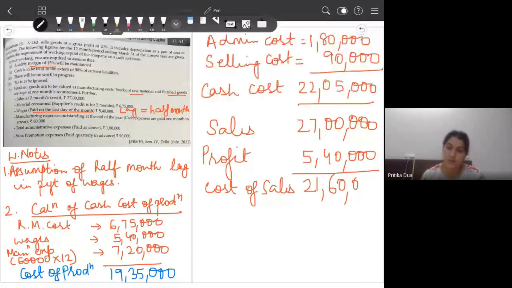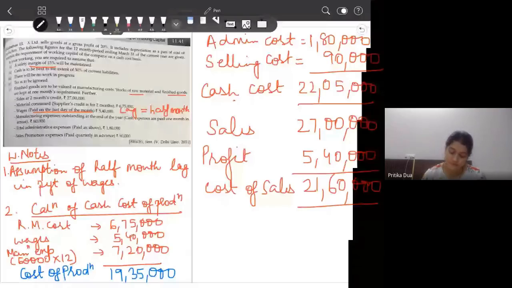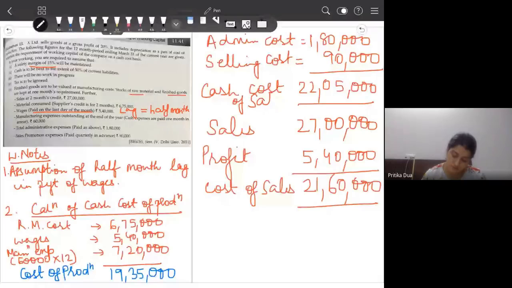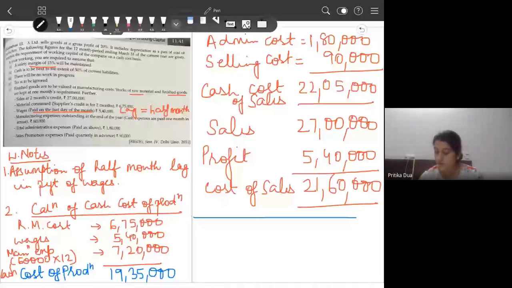So now we can move to the calculation of working capital. Cash cost of sales and this is cash cost of production. Because we'll be using these values now to calculate the current assets. And starting from here, then we can move to the next page. First is calculation of current assets.